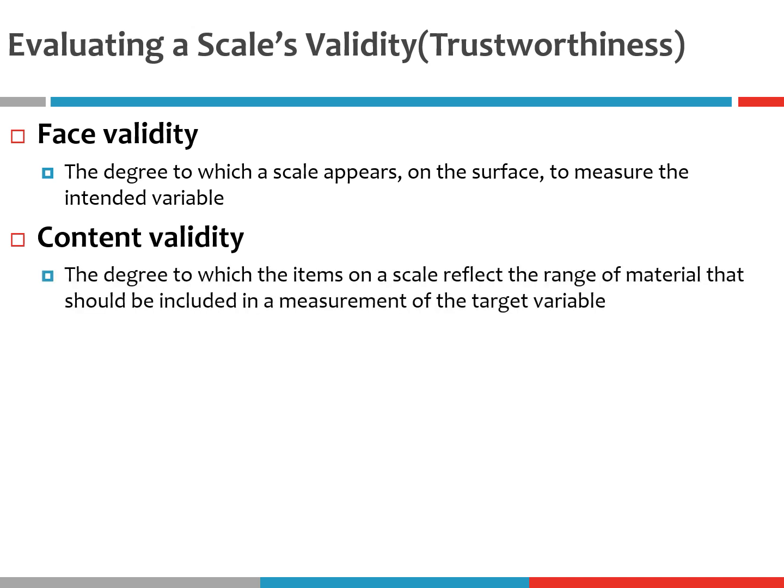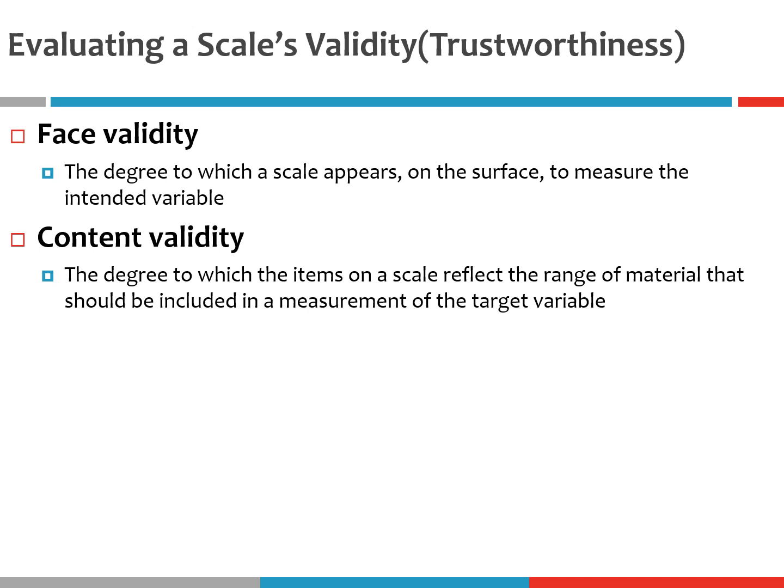Then you have content validity. This is the degree to which the items on the scale reflect the whole range of material that should be included to measure the target variable. So if I gave you a math test in algebra and I only included very basic linear equations, and I didn't include any other content that you learned throughout the rest of the course, you just had very basic equations that you learned the first month of the semester, that would have poor content validity.